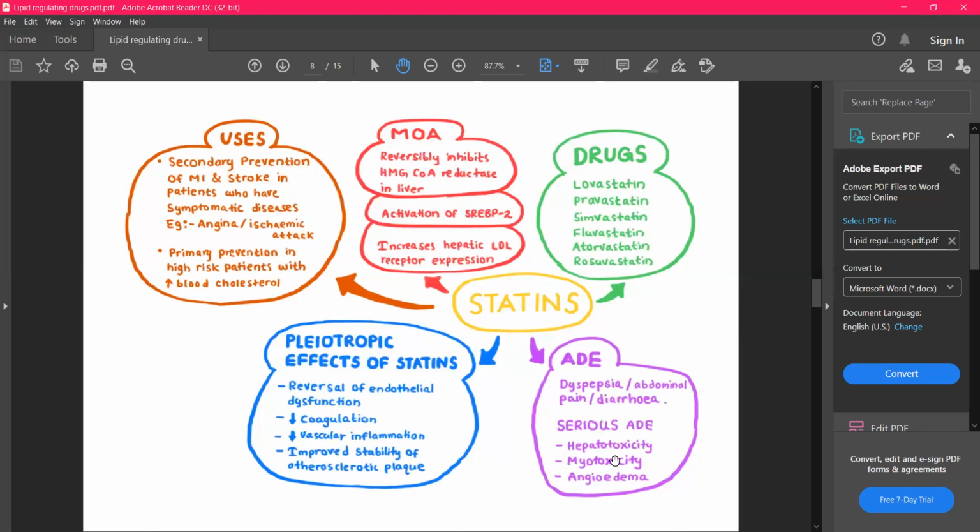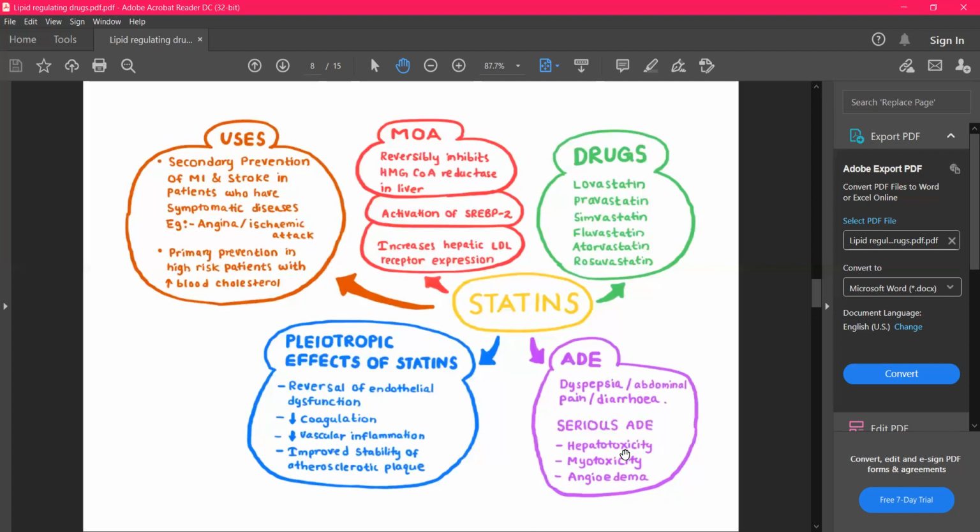It's very rare, but it's common among patients who have renal insufficiency, hyperthyroidism, vitamin D deficiency, etc. And also the risks for this rhabdomyolysis are greater among those who are taking fibrates along with statins. The combined therapy of statins and fibrates is better to avoid because of this risk of myotoxicity.